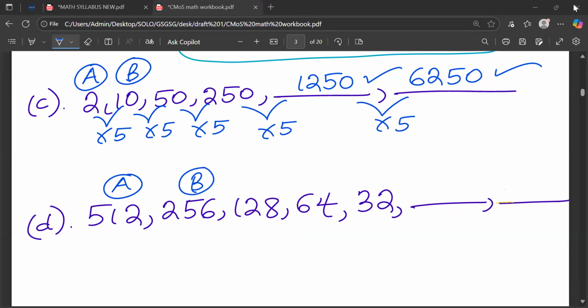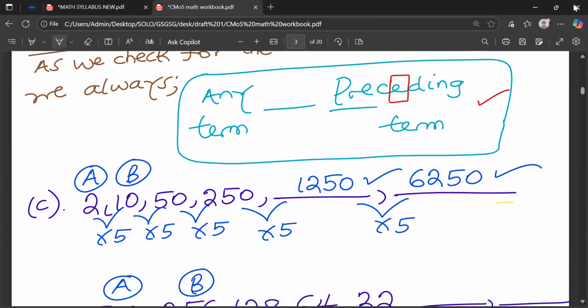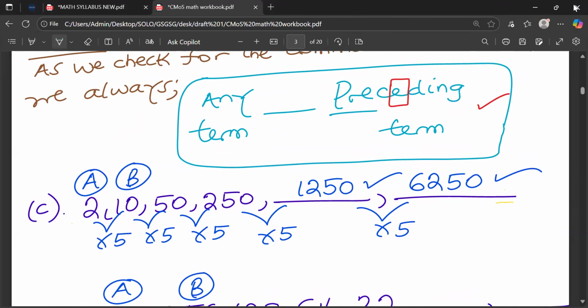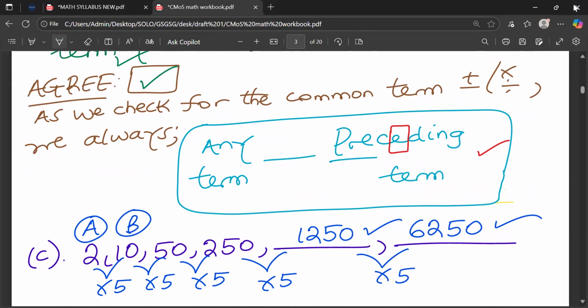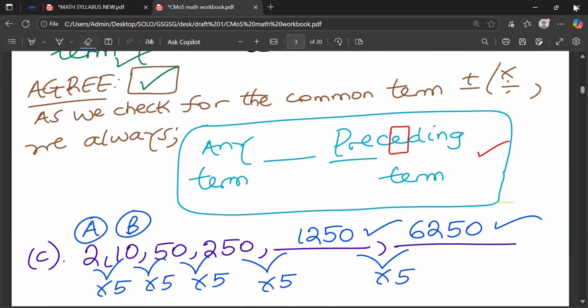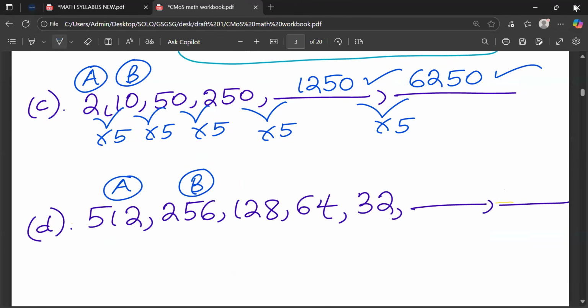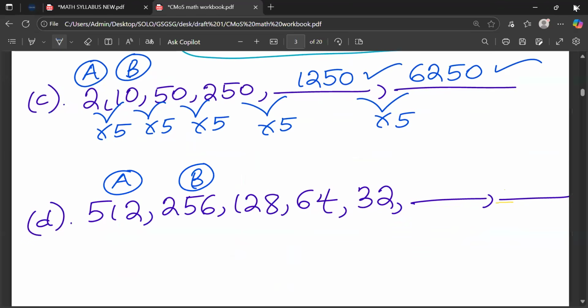Let's go to part D. Someone finally got it.